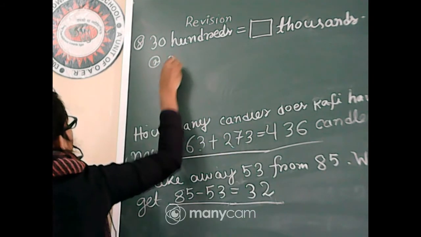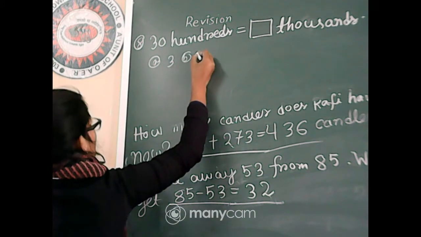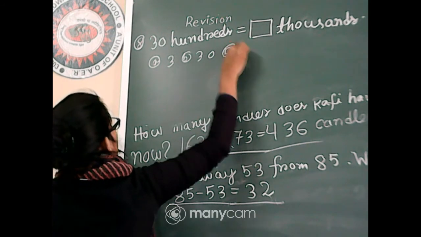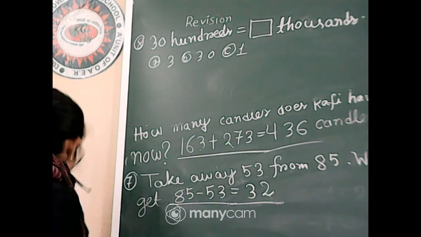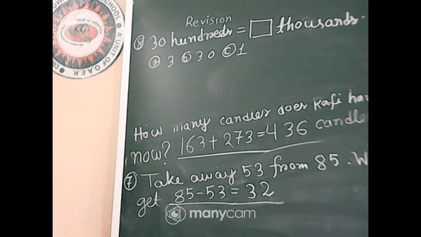Is it 3 or 30 or 1? Tell me. 30 hundredths equal to dash thousands.